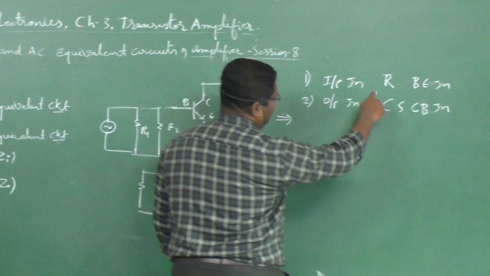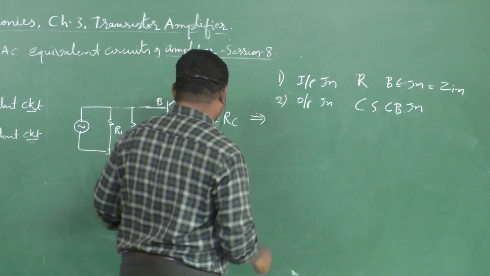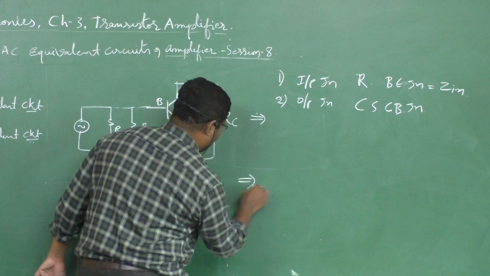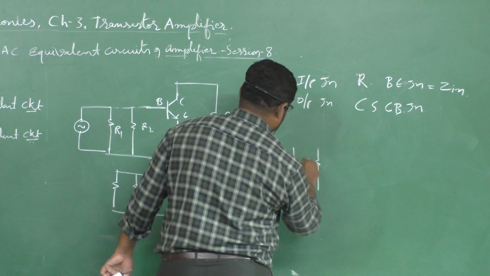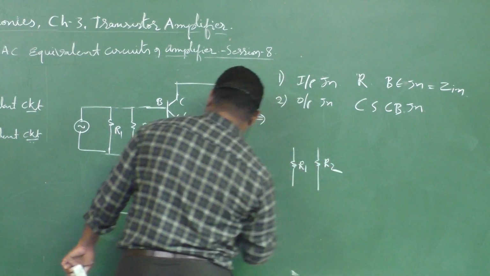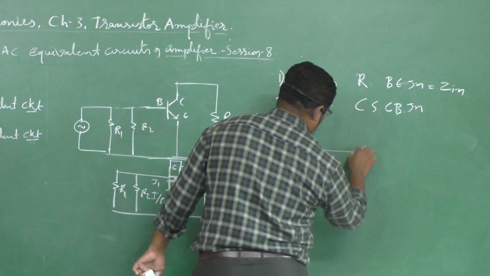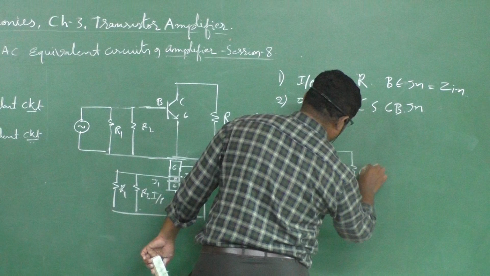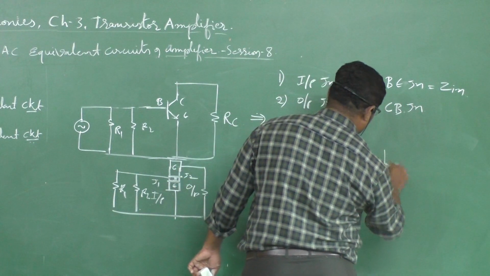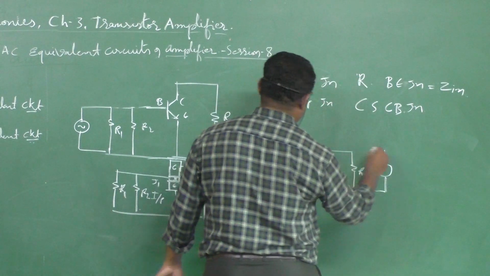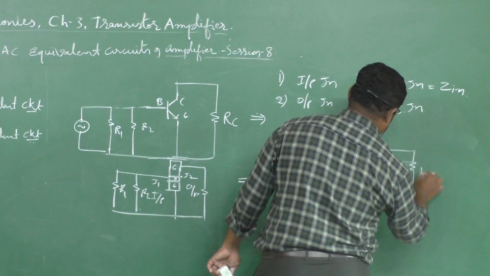So input junction should be replaced with R. R is nothing but Z in AC we are applying. So that's why this can be rewritten like this. This is R1, this is R2, and then we have one more resistance R in, and there is one CCS, constant current source, and this constant current source is in parallel with the resistance RC.